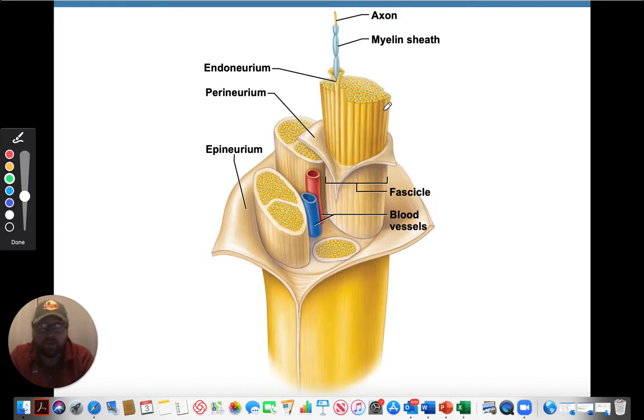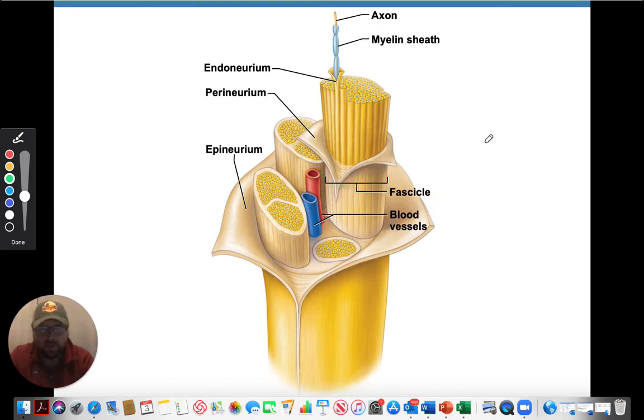Now the bundle of endoneuriums is wrapped in another piece of connective tissue, and that's the perineurium. Again, think about our bone structure. We had periosteums. So we've seen these prefixes before, and hopefully that helps you understand the structure of the nerve. There's some redundancy there to help us out. This bundle encased in a perineurium is called a fascicle. Again, a term that you've seen in a similar situation before.